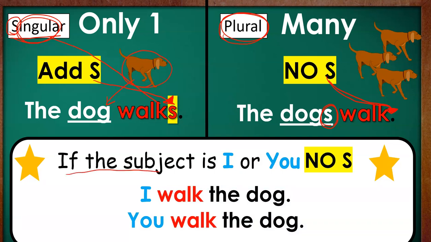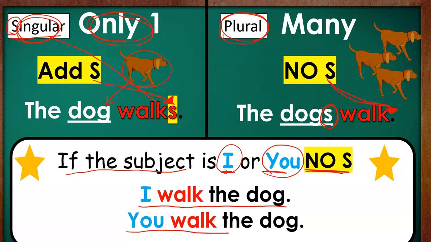If the subject of the sentence is I or you, then there's no S. Even though I and you are singular, it's only one, still, you put no S. This is a special rule that you need to memorize. For example, I walk the dog. You walk the dog. We did not put any S at the end of my verb.